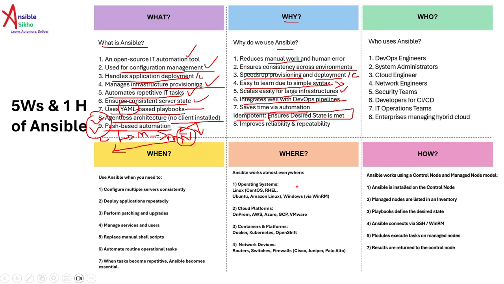Means if the desired state is found, it is not going to do anything. If the target server is not in the desired state, then only it will make configuration changes. So it improves reliability and repeatability as well. So that is the reason why we use Ansible.